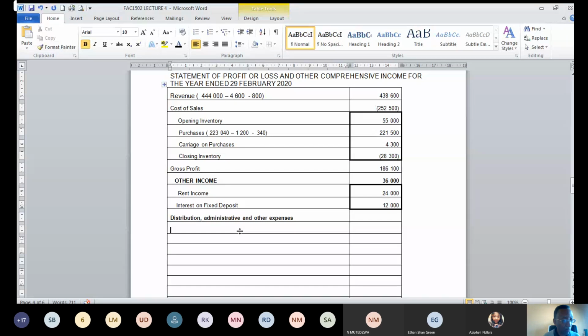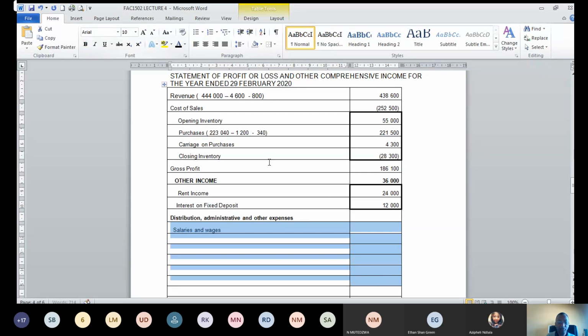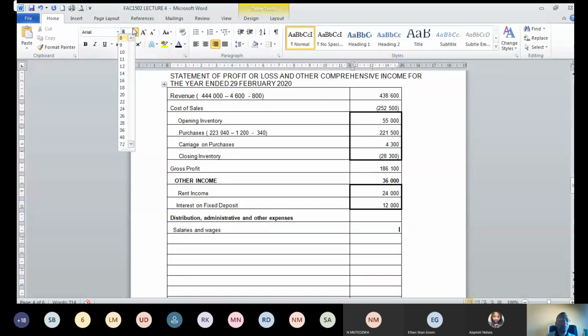Now I'm going to list down all my expenses here. My distribution, administrative, and other expenses are the following. I'm going down my list. Salaries and wages. The amount for salaries and wages is the amount of 123,000 Rand.